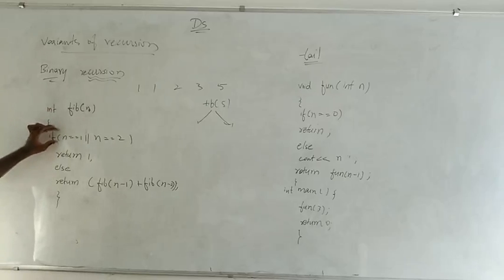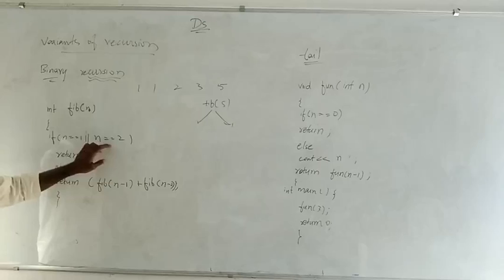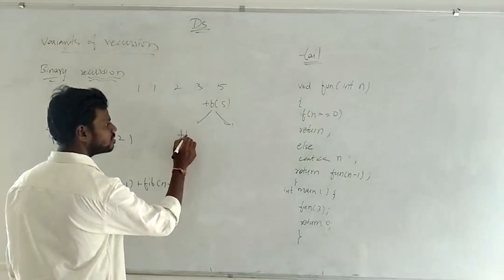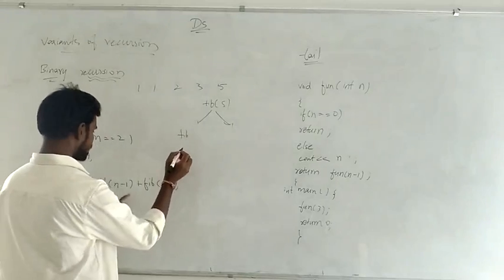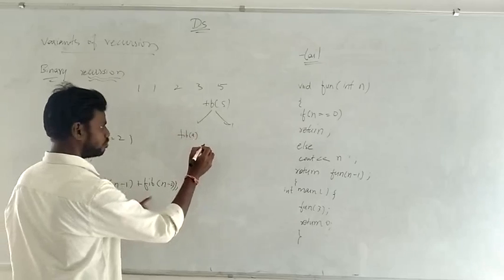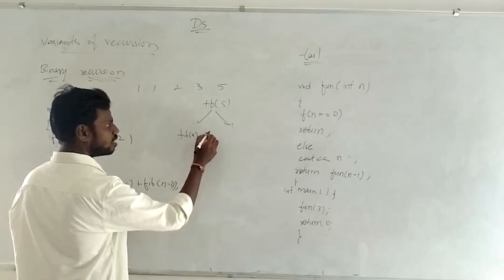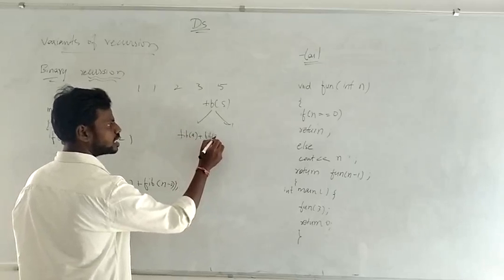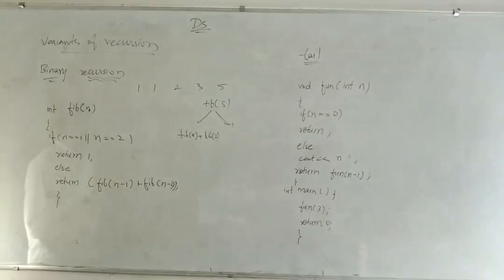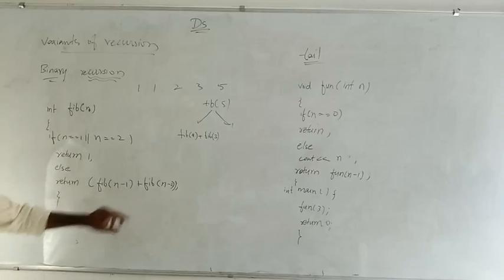Here my n is not 1 and not 2, so I make function calls like Fib of n minus 1, that is 4, plus Fib of n minus 2, that is 3. I call this function, check the condition, and if it is not satisfied, I make these two calls.